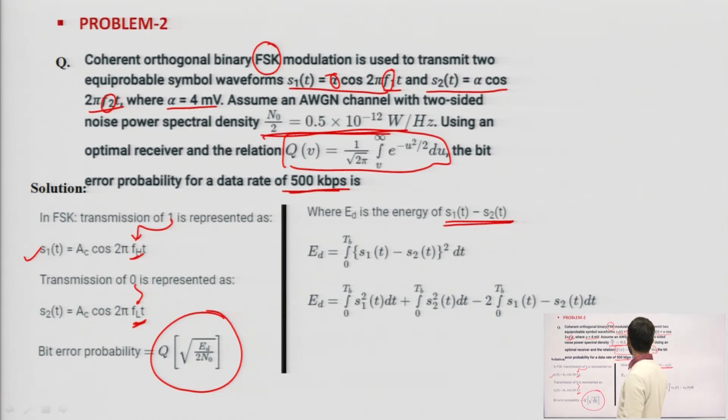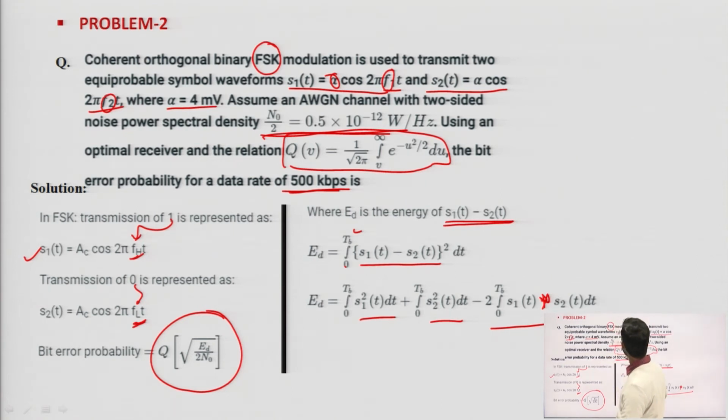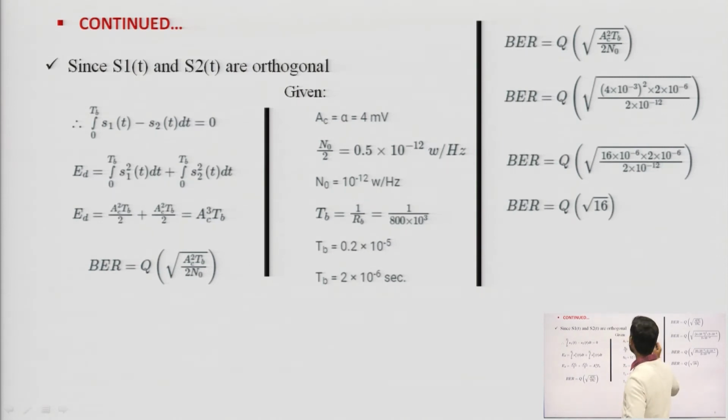So how can I calculate the energy? It is the integral from 0 to Tb of (S1(t) minus S2(t)) whole square dt. So I get (A minus B) whole square, that is A square plus B square minus 2 times A into B. In the question, S1(t) and S2(t) are both orthogonal.